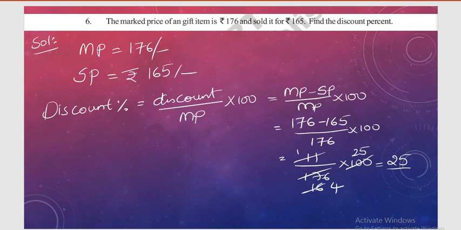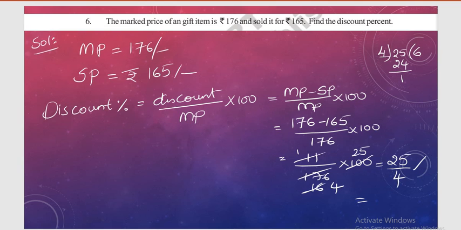25 divided by 4. Now if you want to represent this in fraction form, this is an improper fraction, no? If you can represent this in mixed fraction, so for that what we need to do? We need to divide by 4. So in 4 table 25, it goes 4 6 are 24, so remainder is 1.